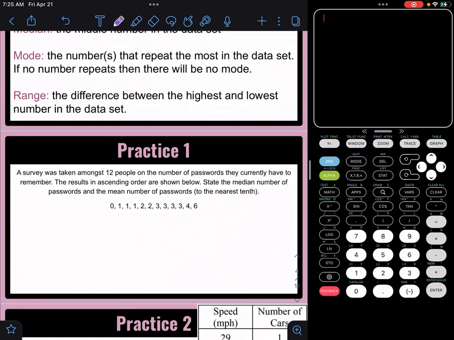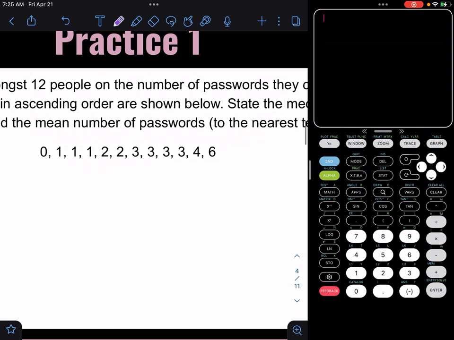So let's look at this practice problem. A survey was taken amongst 12 people on the number of passwords they currently have to remember. The results in ascending order, this is nice for us because it's already from least to greatest, are shown below. State the median number of passwords and the mean. Alright, median means we're going to cross off from each side.